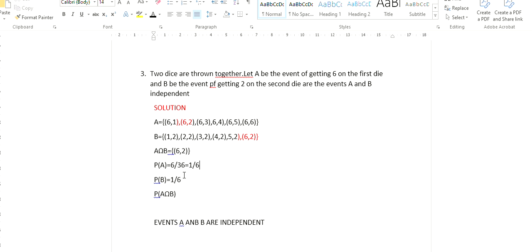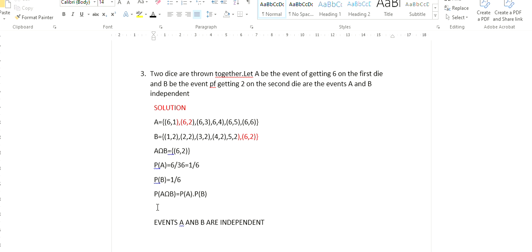So probability of A intersection B, that means how many possibilities we'll get. We can write it as probability of A into probability of B. That is the formula to prove whether both the events are independent. So let us prove that A and B are independent.